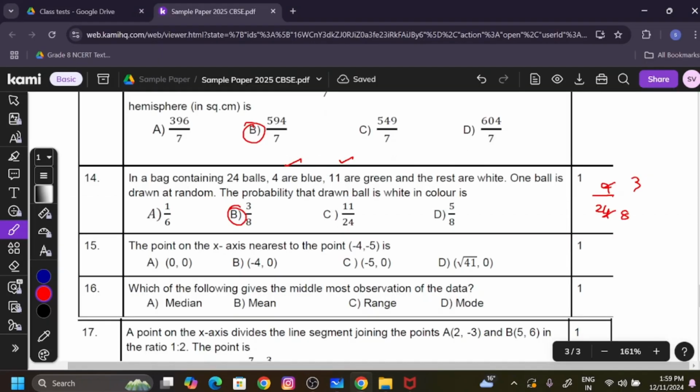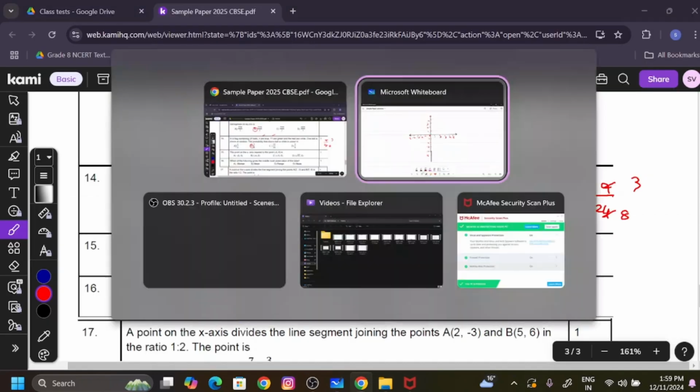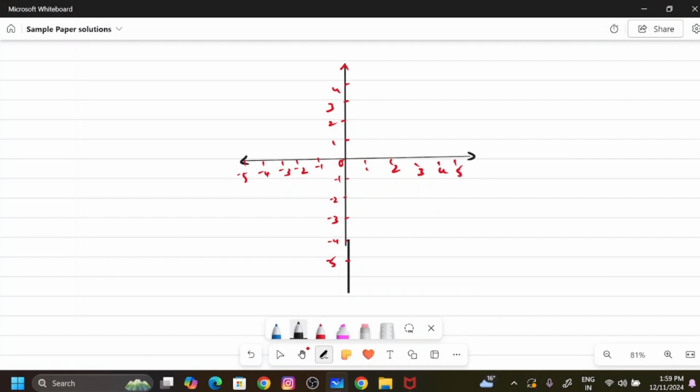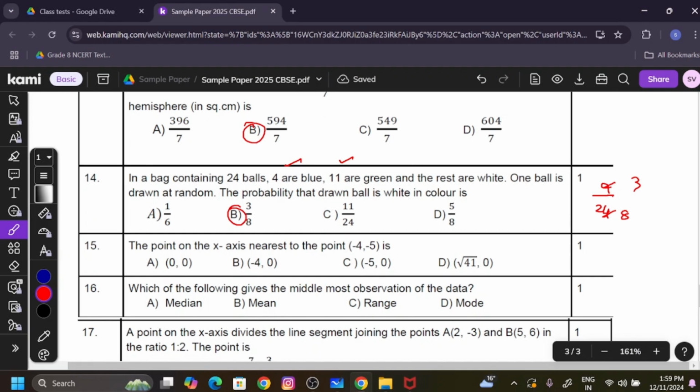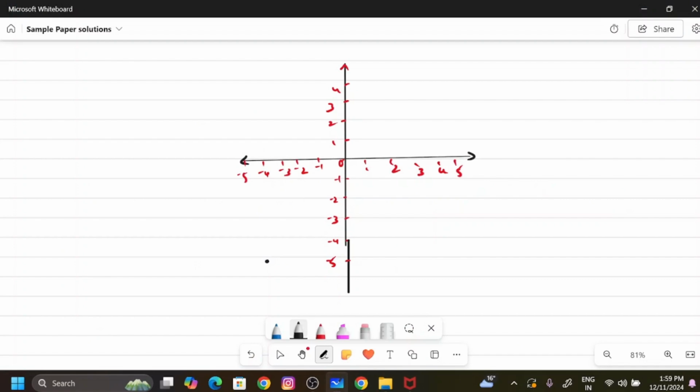Okay, the first point is -4, -5. -4, -5 is approximately here. We need to find the nearest to this point. 0, 0 is here. -4, 0 here. -5, 0. This point. This is -5, 0, -4, 0, 0, 0.